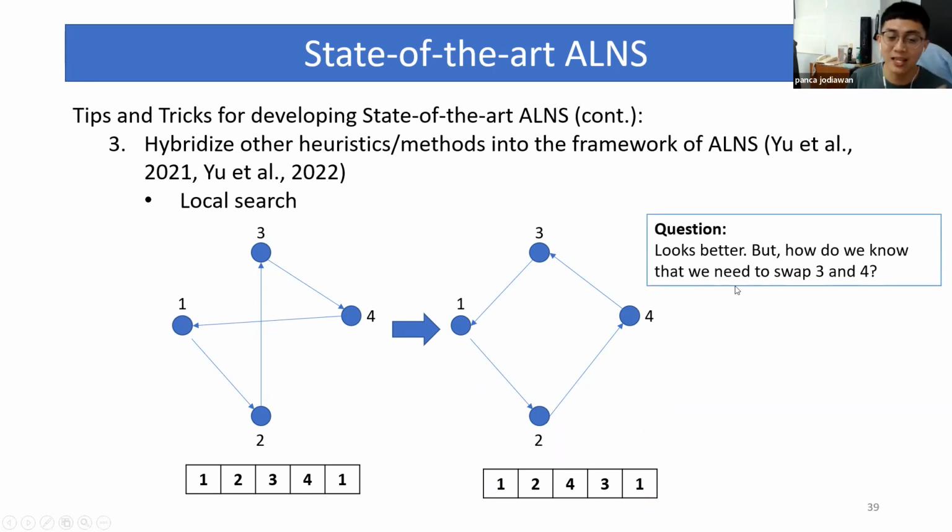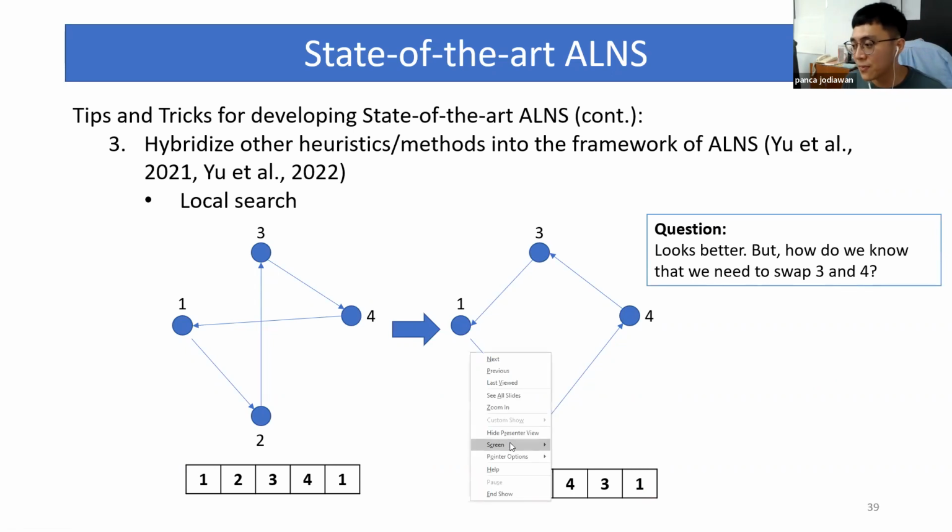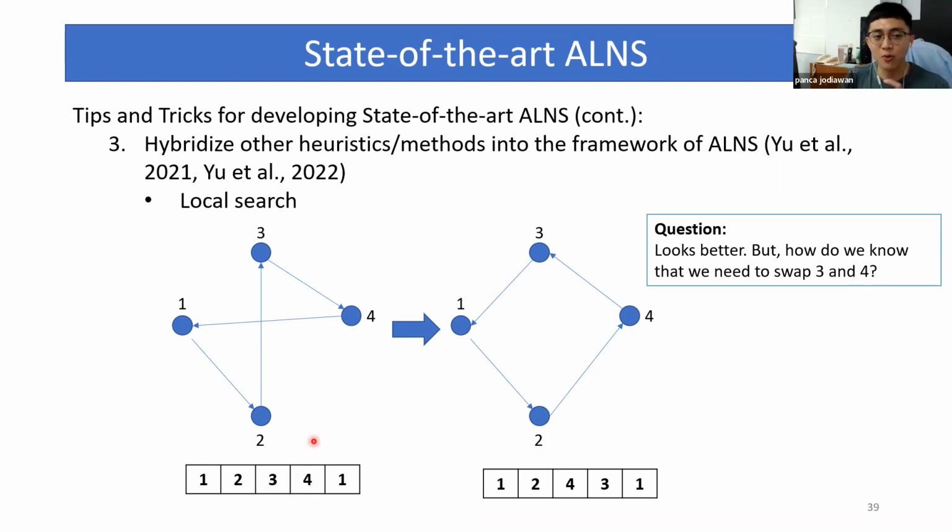It means we need to try all the combinations: 2 to 3, you swap it, does it result better? 2 to 4, 3 to 4. And that becomes a simple way of the local search mechanism for the swapping operation. So that is the simple idea of local search.